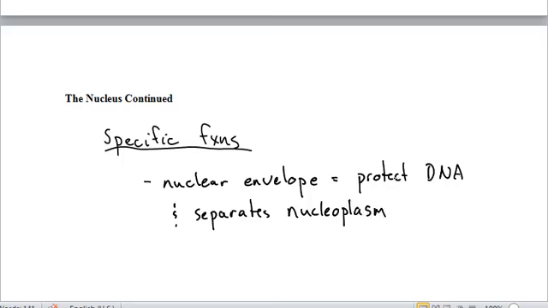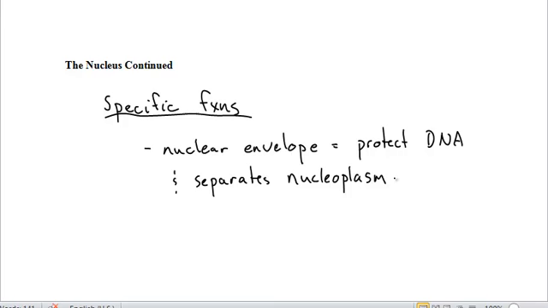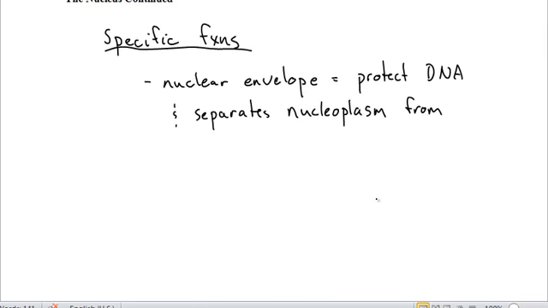What's that stuff outside the nucleus, that gel stuff? And all the organelles, not just the gel stuff. What's it all called together? That's right, cytoplasm.